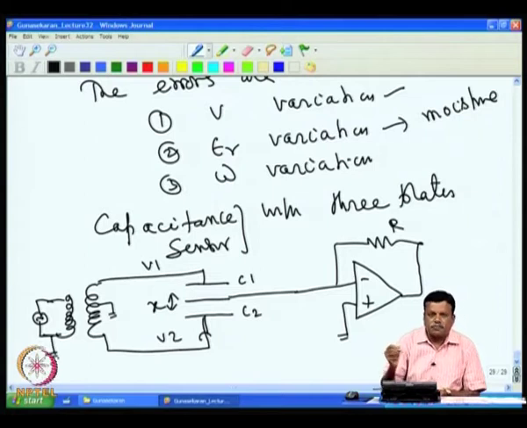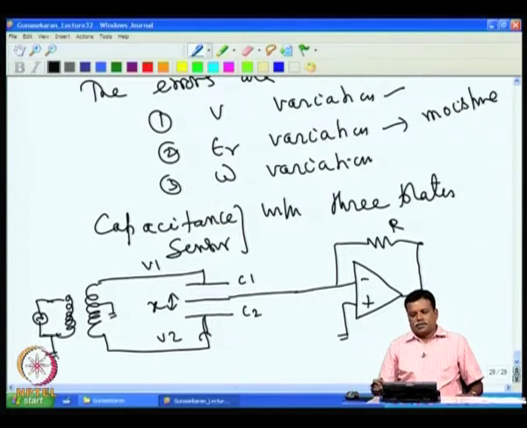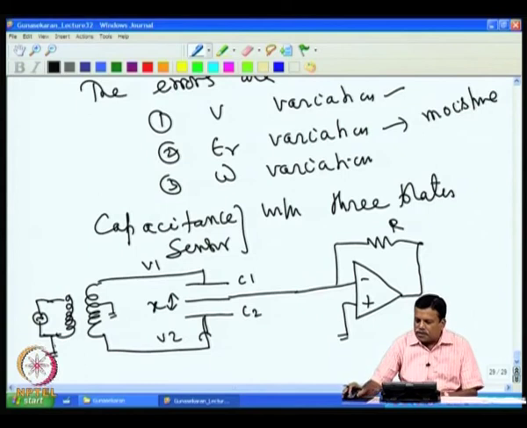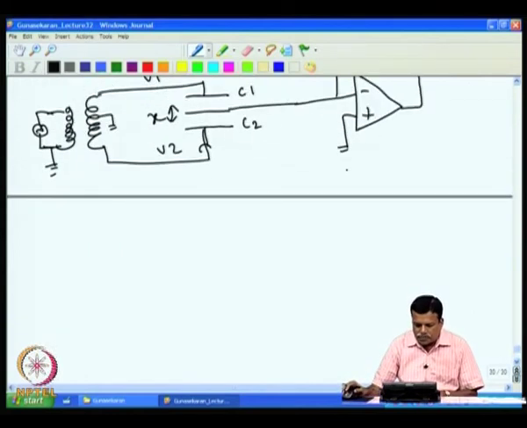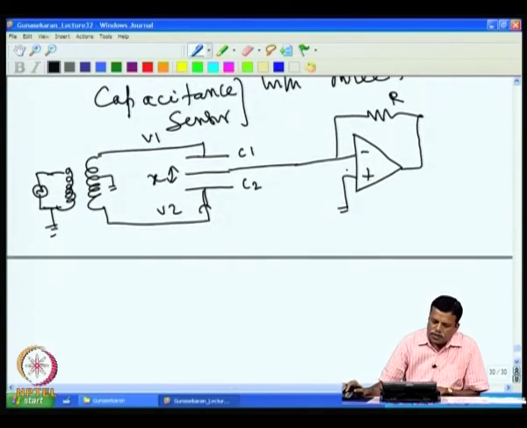Here this is energized with an AC source. Now, if you see this method, this sends a current like this, and then this current is the reverse current, opposite. The voltages V1 and V2 are 180 degrees opposite.